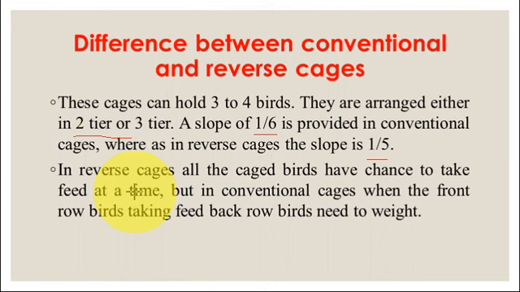Also, in a compartment we do not rear more number of birds in this type, but in reverse cages only a single bird we can rear in this type. So with this the birds do not need to wait to take feed.